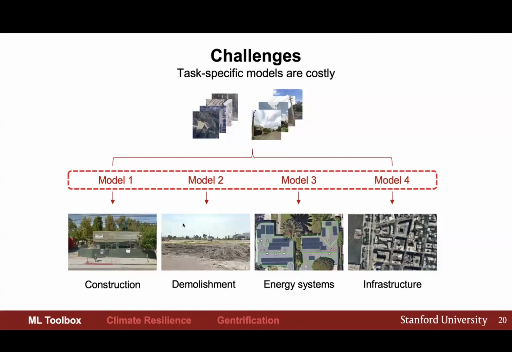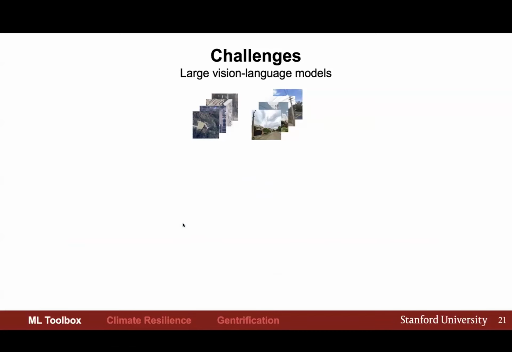Can we make those models more consolidated, inspired by all the large language models, large vision language models these days? People are just using one big model for all the different tasks, and we actually do similar things for the vision and urban sensing, remote sensing space.